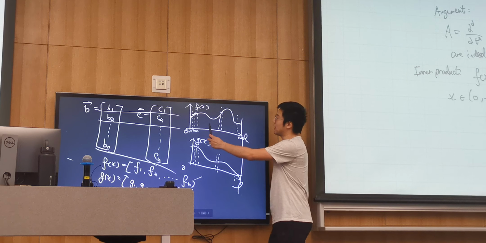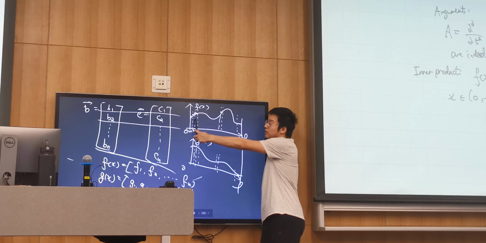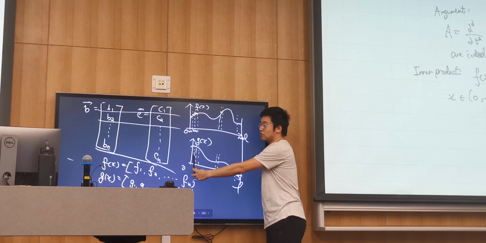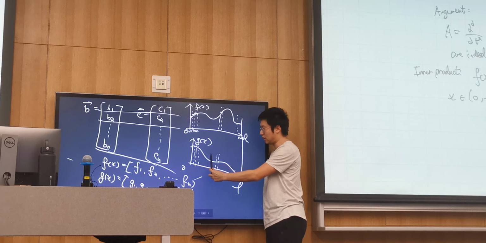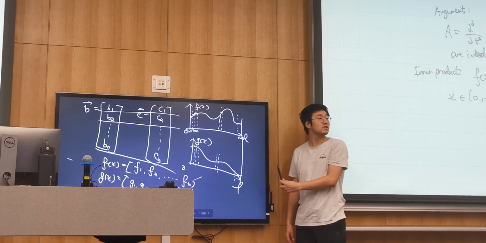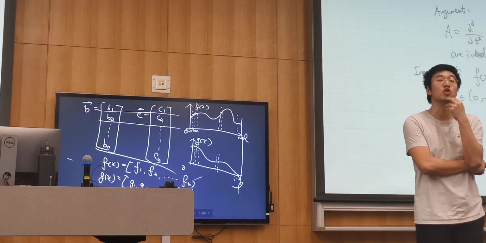So f1 is exactly the value of f in this interval, f2 is the value of f in this interval, f3 until fn. g1 is the value of g in this interval, g2 is the value of g in this interval, and gn is the value of g in this interval. So far so good? Now f and g are approximately two n-dimensional vectors.